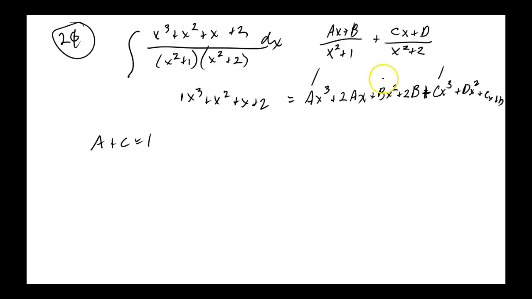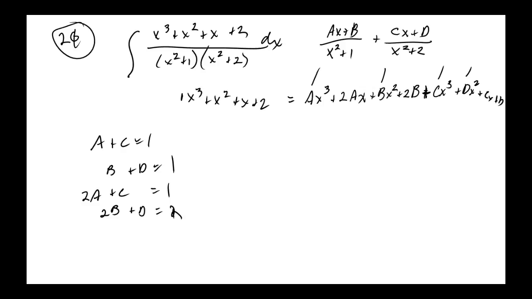Here's another, the squareds: b plus d is equal to 1. And 2a plus c is equal to 1. And 2b plus d is equal to 2.